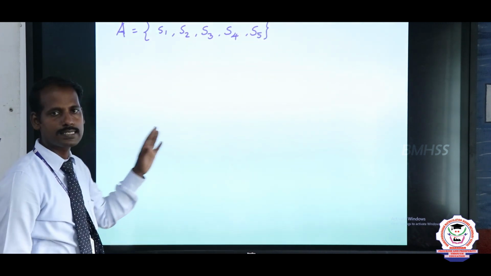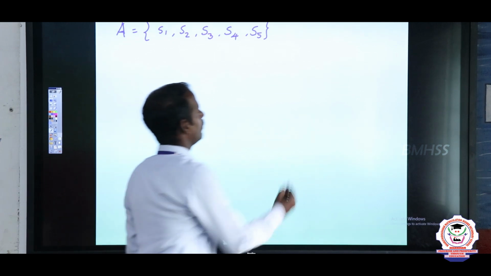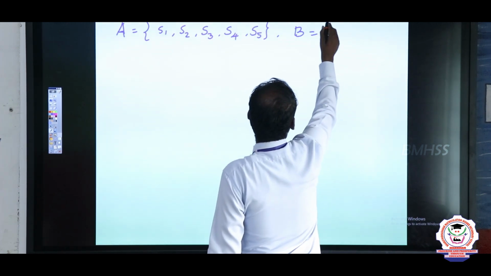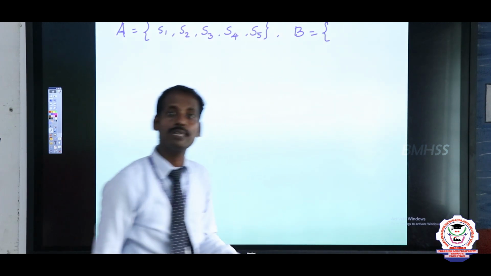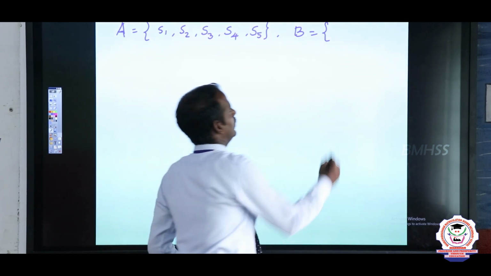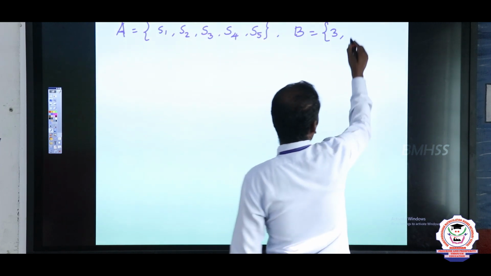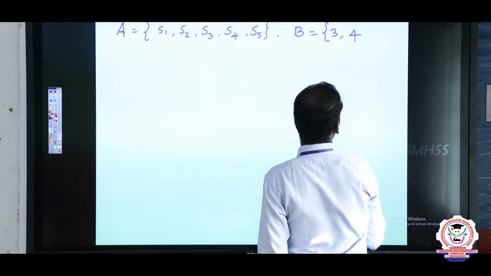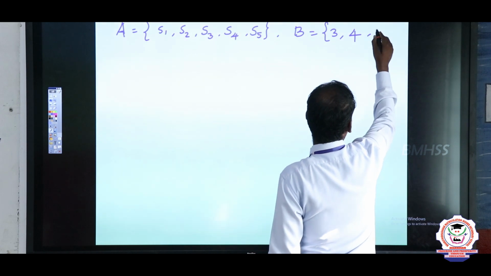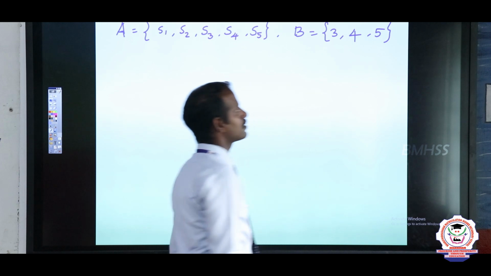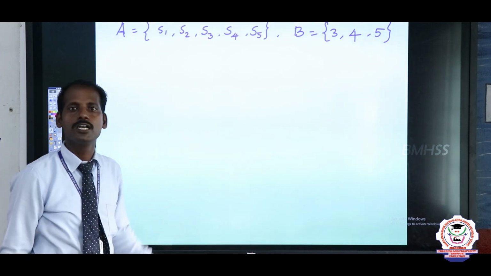This is set A. Then B set. What is B set? Let us consider height of the student. 3 feet, one student's height, and 4 feet another height, then 5 feet. This is height of the students.